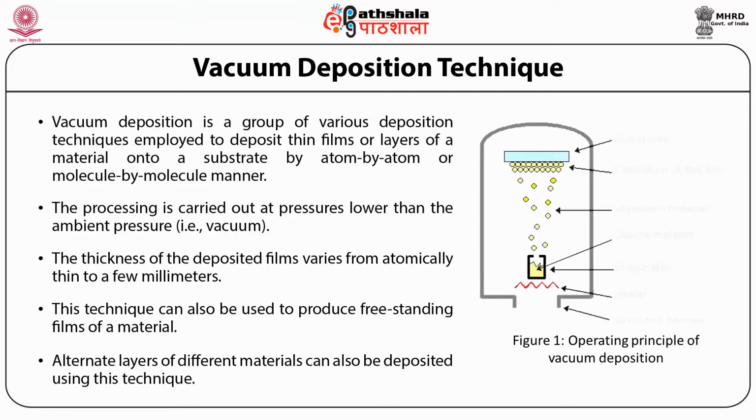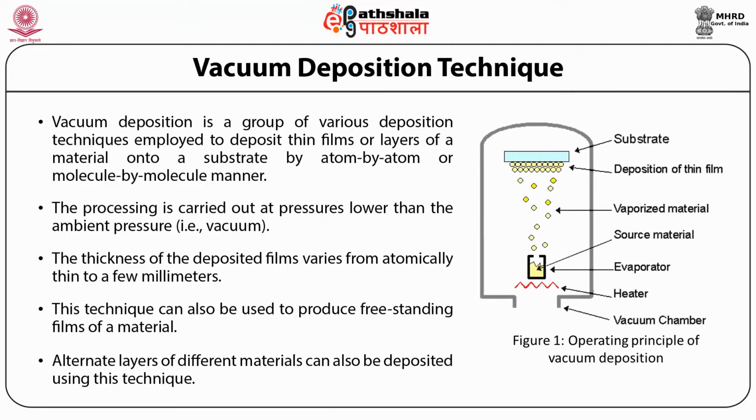The source material, which is to be deposited, is kept in an evaporator and is connected to a heater. The entire thing is placed in a vacuum chamber. When the source material is evaporated, it gets into the vaporized phase and then condenses onto the substrate to form a thin film.